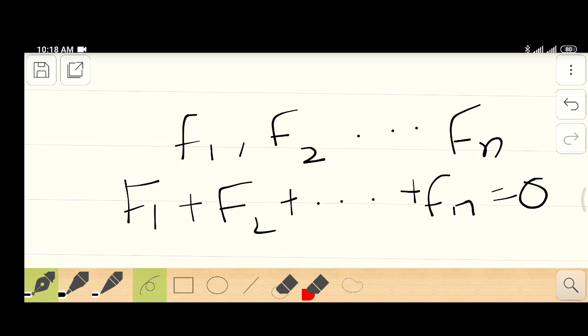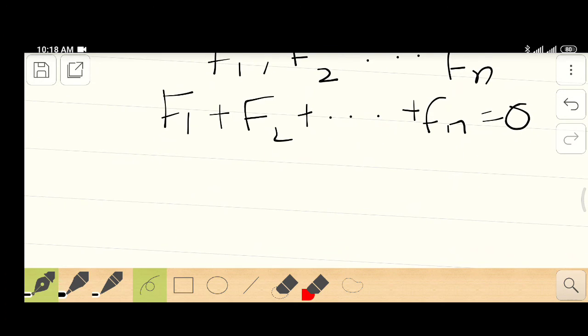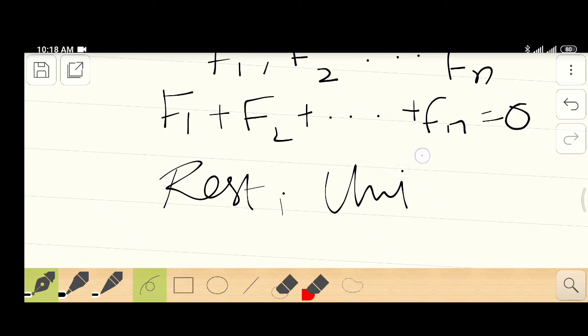That means if the net external force is 0, then the body will remain at rest or in uniform motion. Vice versa, if the body continues in rest or in uniform motion, then the net force acting upon the body will be equal to 0. So that is the equilibrium of the particle.